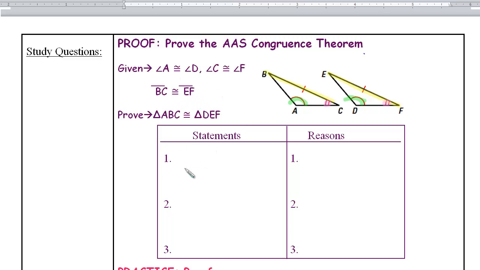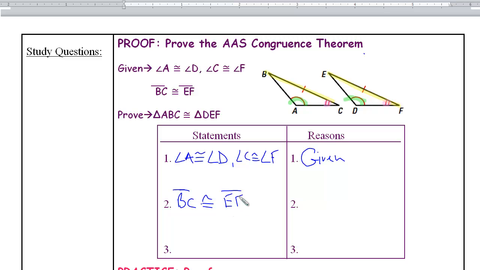So we're going to go ahead and list our information here. The given typically comes first, so I have angle A is congruent to angle D, and I'll say again angle C is congruent to angle F. This was given. Then we also have segment BC is congruent to segment EF.